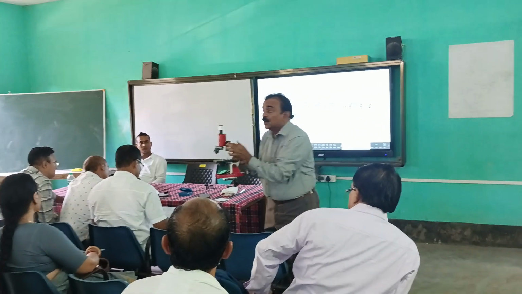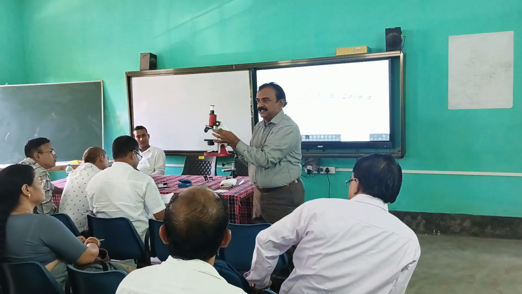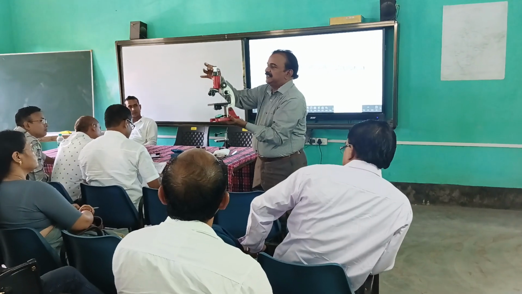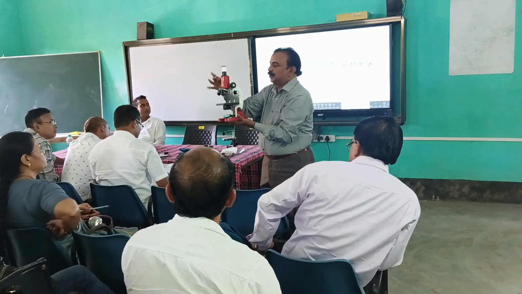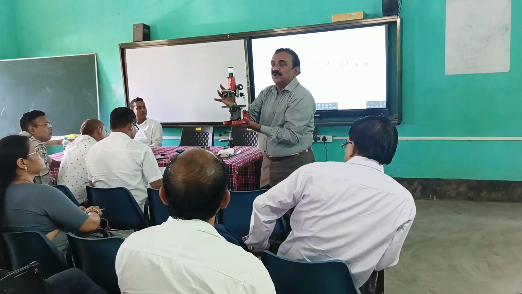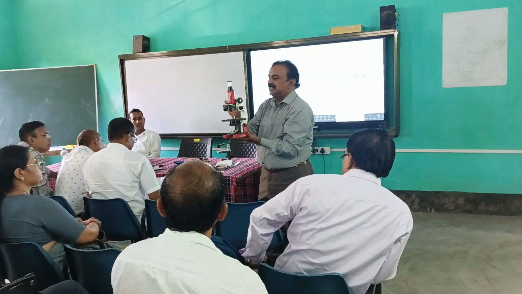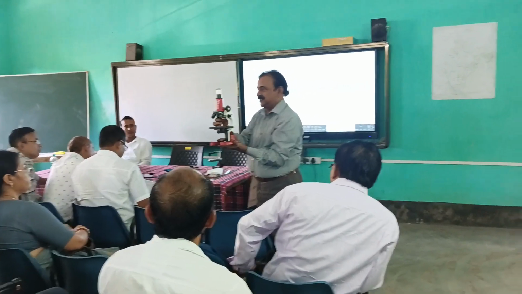This is called the coarse adjustment, and this is called the fine adjustment. So here you learn: this is eyepiece, this is broad tube, this is body tube, this is revolving nose piece, these two are objective lenses, this is the coarse adjustment, and this is the fine adjustment.